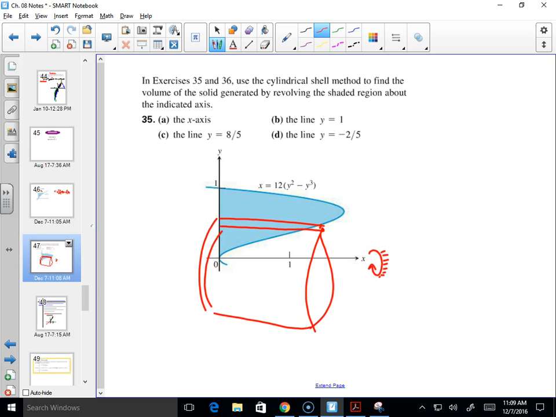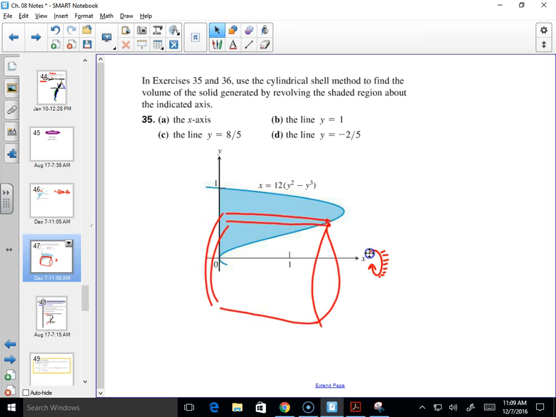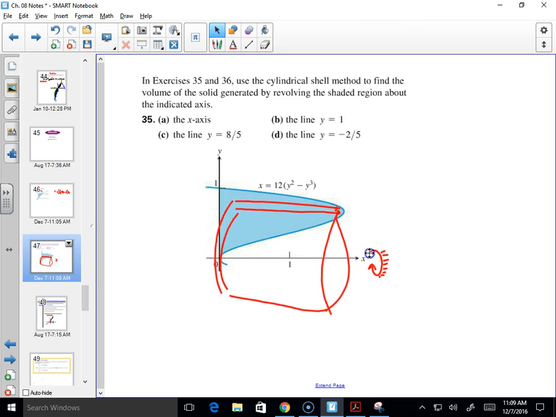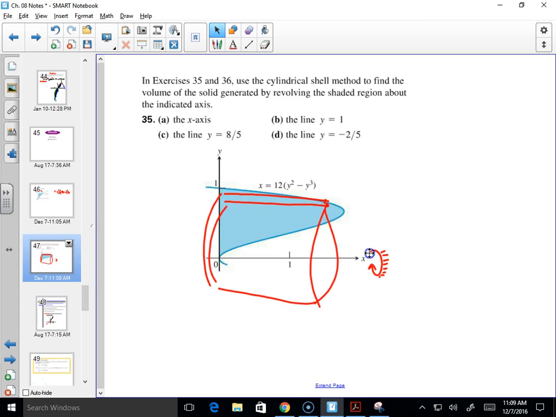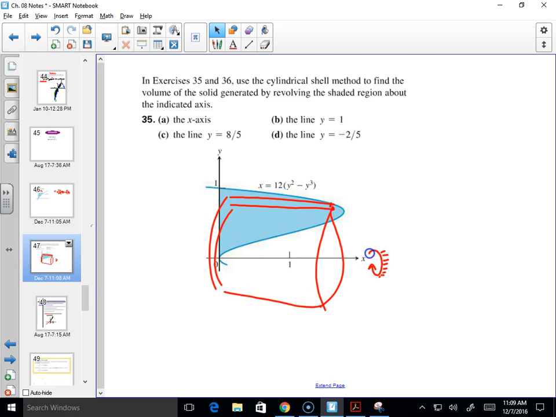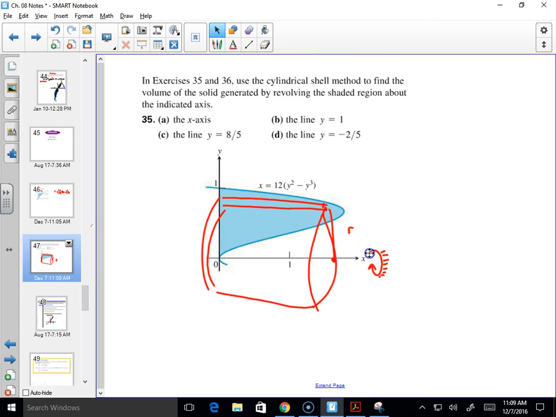So revolving for letter A around the x-axis, what did you guys put as radius? Radius comes from the axis out. So that's going to be my R. And then height is going to be the length.